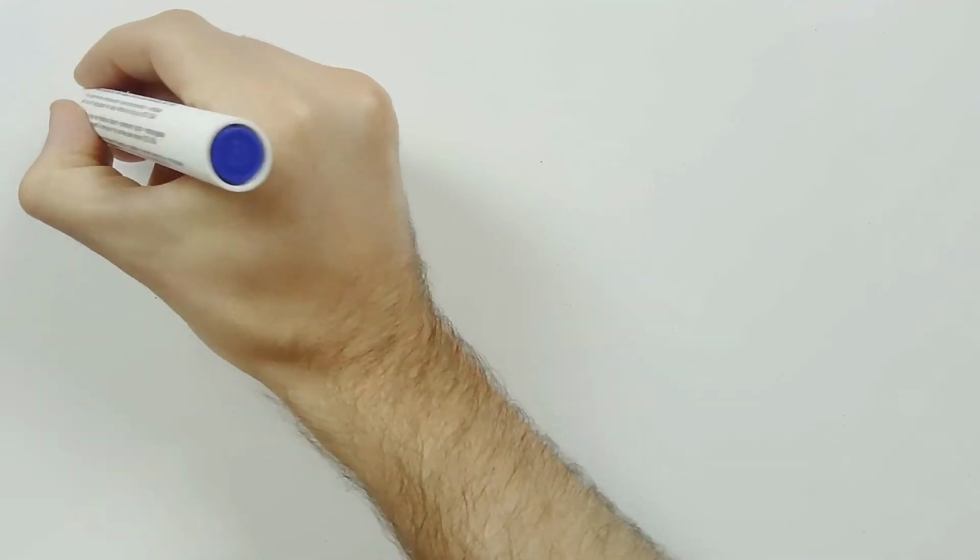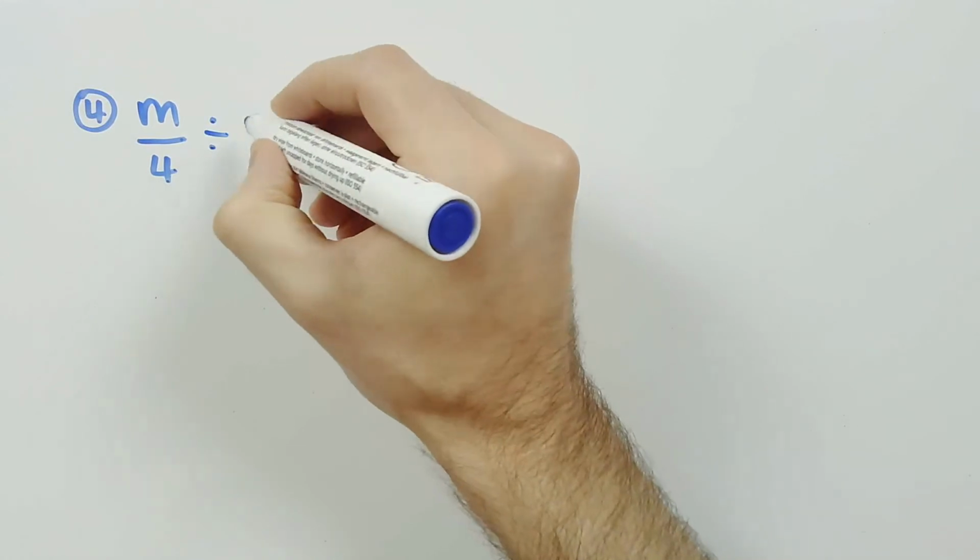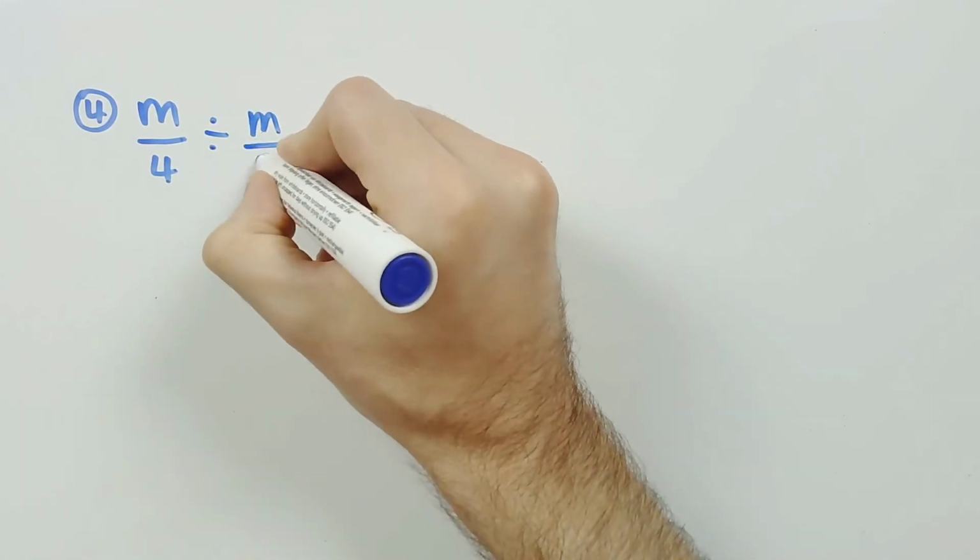And let's have a look at our last example now, which was the division, and that was m over 4 divided by m over 3.